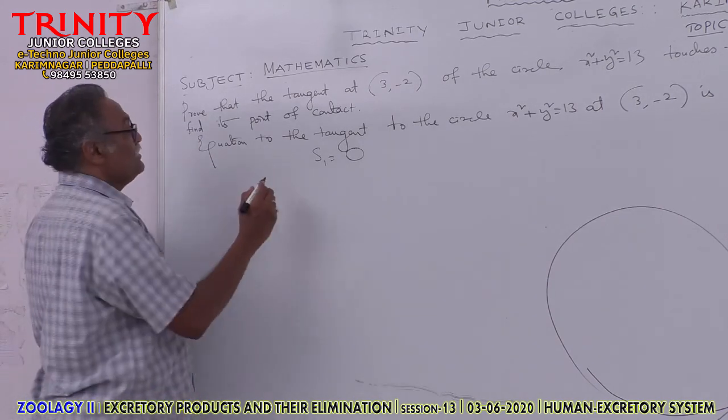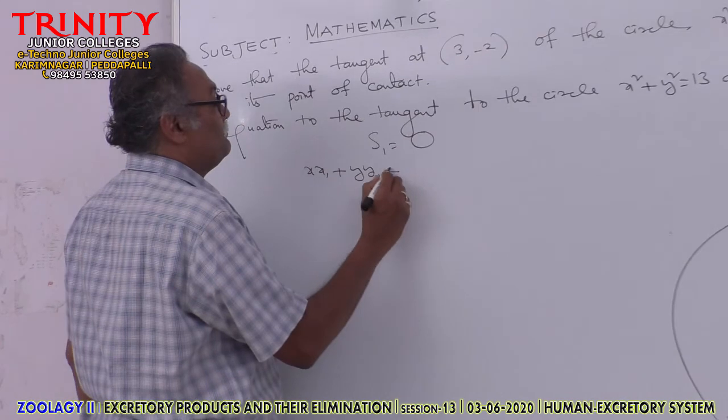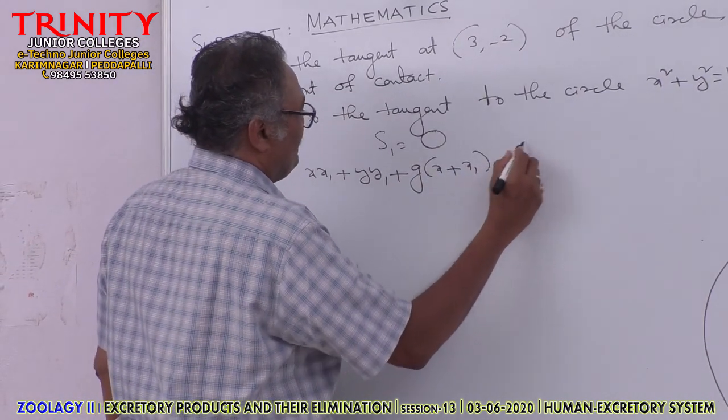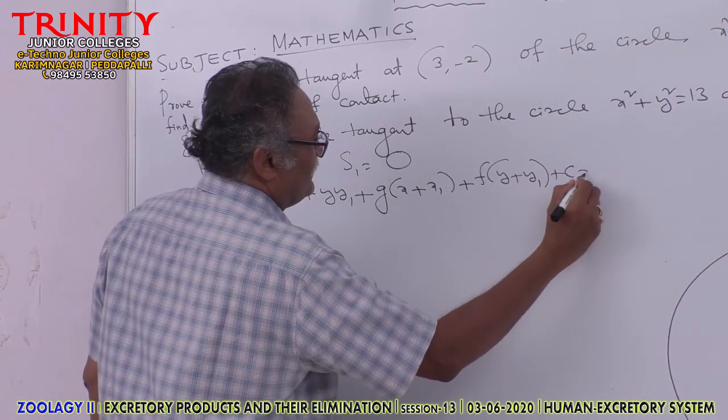That is x x1 plus y y1 plus g of x plus x1 plus f of y plus y1 plus c equals 0.